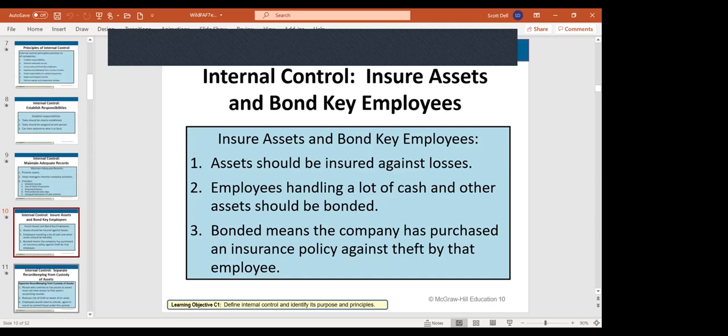Employees handling a lot of cash and other assets should be bonded. Bonding means they purchase an insurance policy against theft by that employee. So that's all that bonding is. It's an insurance policy, a form of saying, in case somebody steals, we're protected. We're not going to lose the funds, lose the monies.